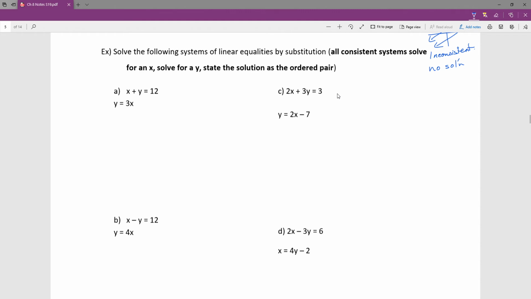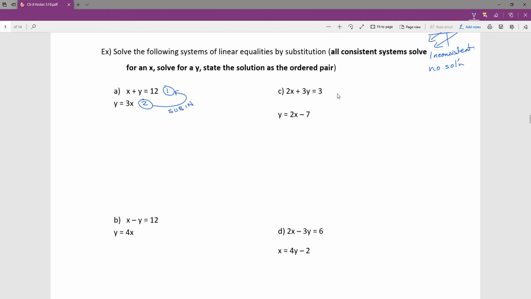So here we have two equations, and I like labeling them because this helps me explain what I'm doing. So I'm going to start with these two equations, and I notice that my second equation is already solved for y. And so what I'm going to do then is take and sub equation 2 into equation 1. So I'm going to sub in here.